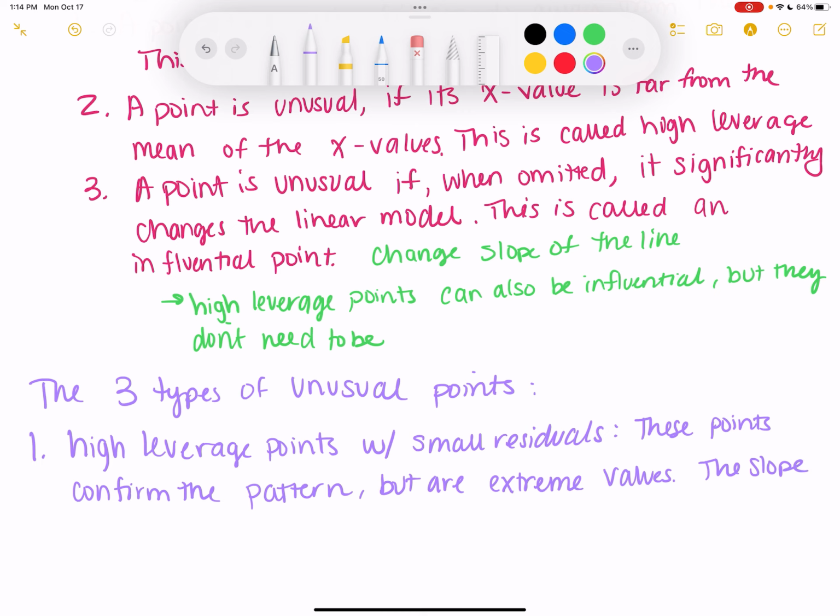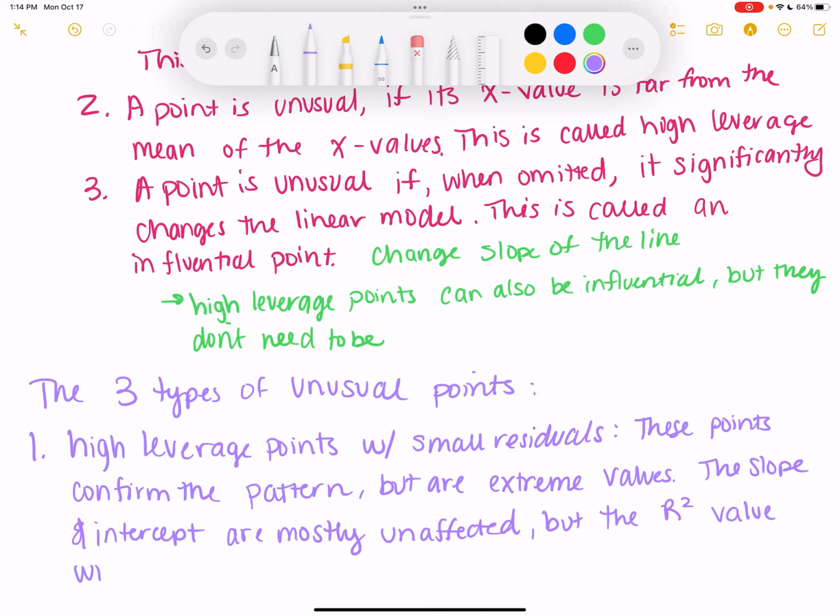The slope and intercept are mostly unaffected. But the R squared value will increase. Don't be misled that the model is now stronger.